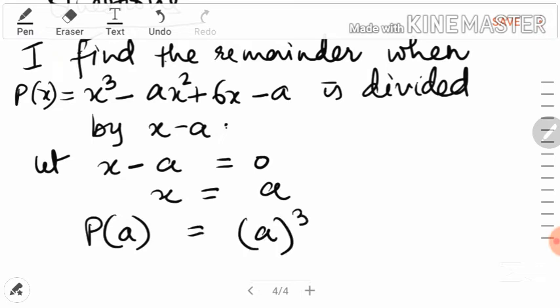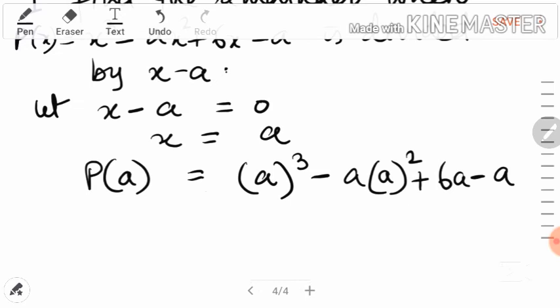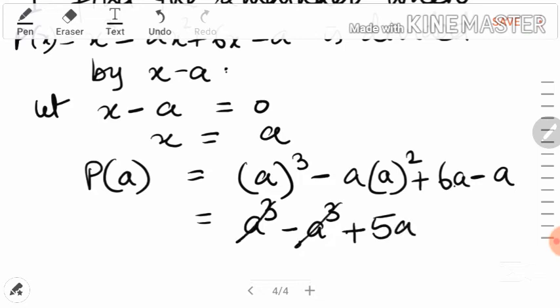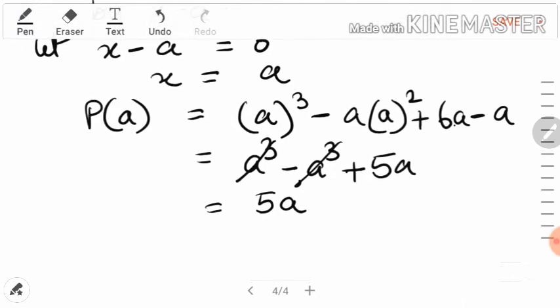Replacing x with a in every term of the polynomial, we get a cube minus a cube plus 6a minus a are like terms, so we can add them. We get plus 5a. A cube minus a cube becomes 0, so the answer is 5a. So remainder is 5a.